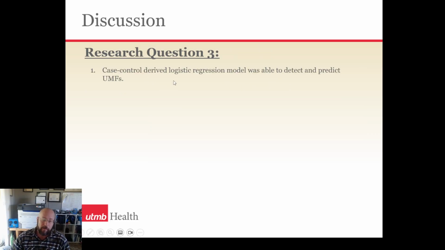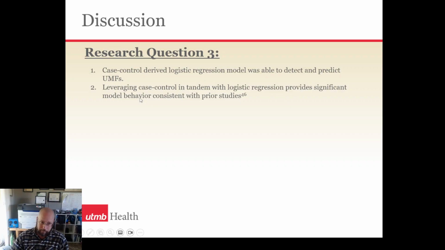So the case-control derived logistic regression model was used to predict and detect mechanical failure. We were able to leverage the idea of case control study in tandem with logistic regression to provide better model behavior consistent with prior studies.